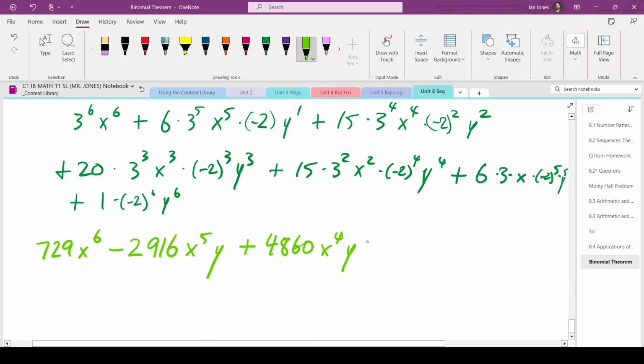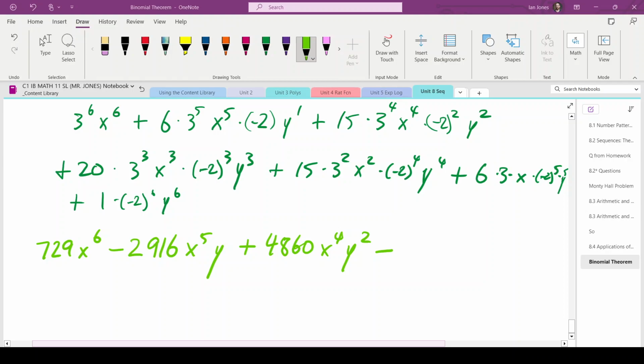x to the 4 y squared plus, here we have 27 times 20 times negative 8. So this will actually be a minus. Let's calculate this here. 20 times 27 times 8.